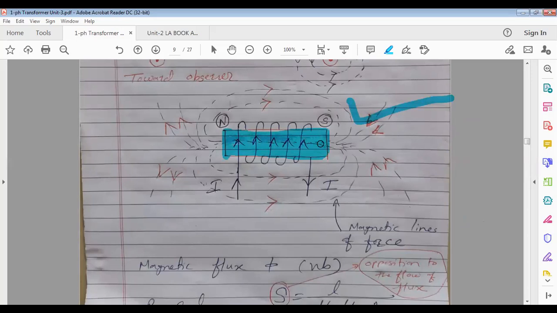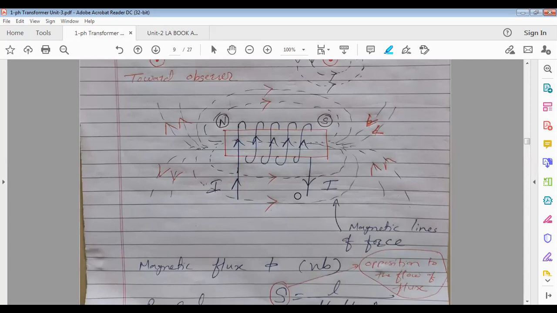Around it you wind one copper conductor and pass some current through it. The direction in which you have wound this conductor, in the same direction current will flow. All of you can observe, whatever the direction in which the coil is wound, in the same direction current is flowing through that coil.